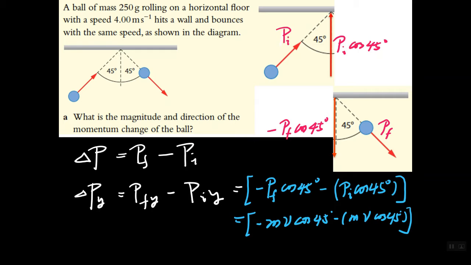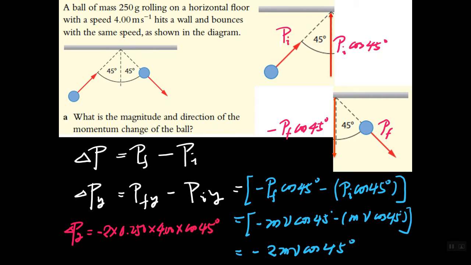Since momentum is a vector quantity, we have minus 2 times mv cosine 45 degrees. Let us plug in the values: minus 2 times the mass, 0.25 kilogram, times the velocity, 4, times cosine 45 degrees. That gives us minus 1.41 Ns.